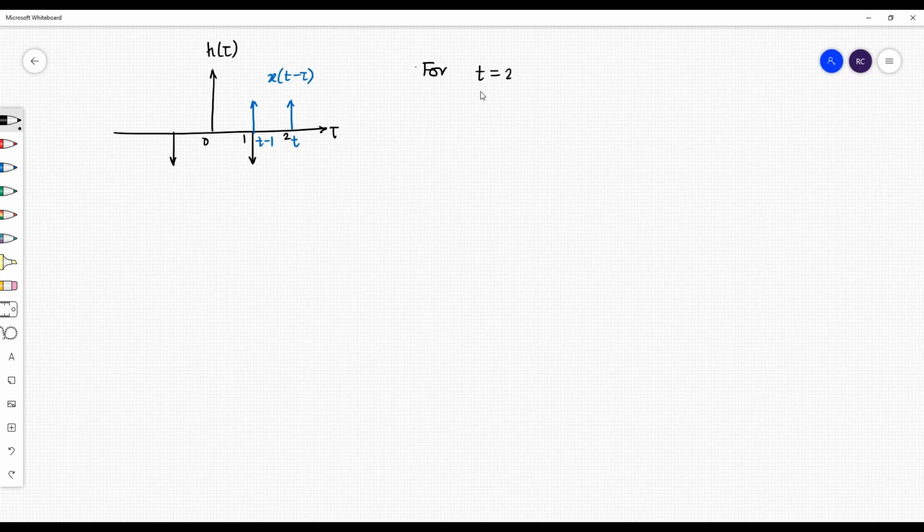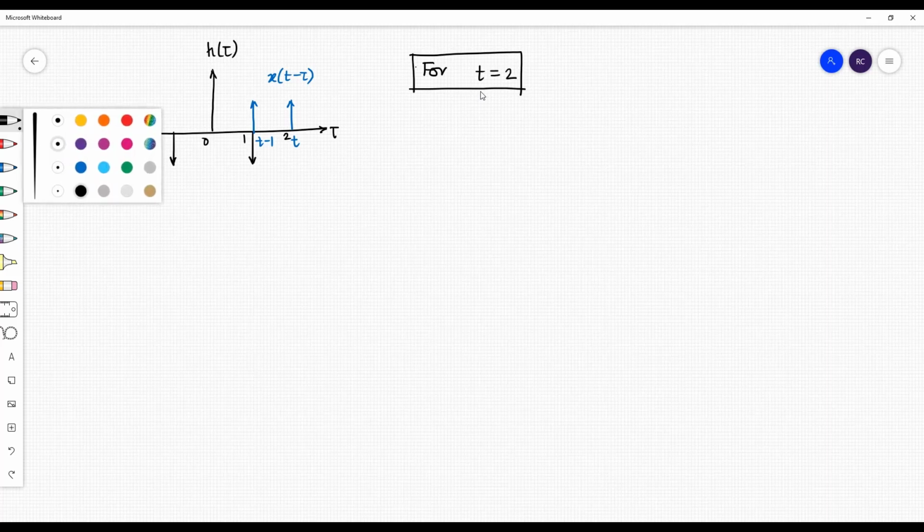So this is the condition where t is equal to 2. Okay, and as you can see, this is the last possible combination where there will be an overlap, because as x(t minus tau) progresses further, there will no longer be an overlap. So there will be no further products. So this is the last one.